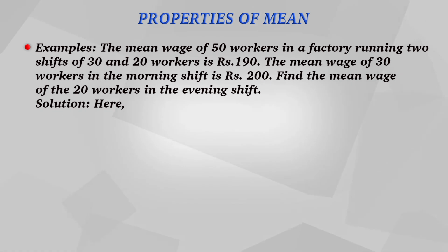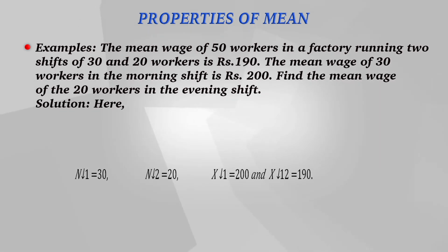That means the combined mean and the total number of workers in both shifts is given, the mean of the first shift, the morning shift, is given, and the number of workers in the morning shift and the evening shift is also given, but the average wage of the evening shift workers is not given. So, we have to find that.